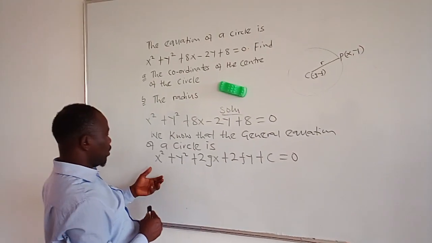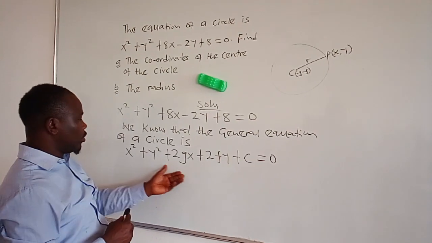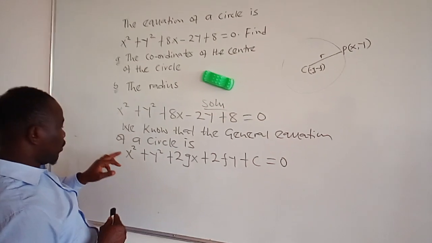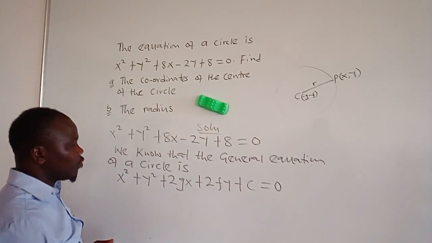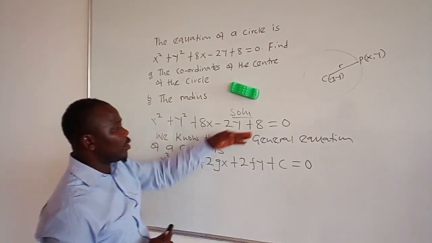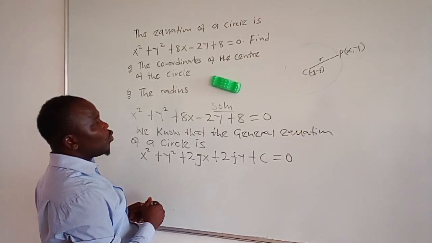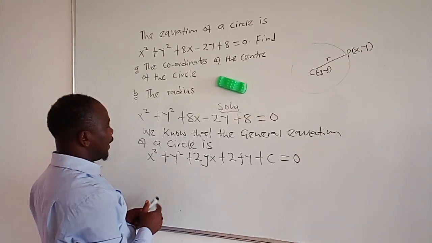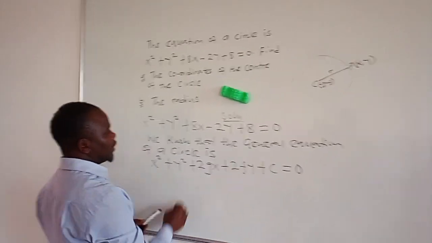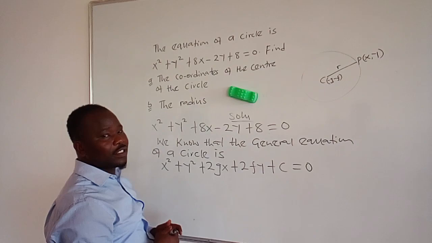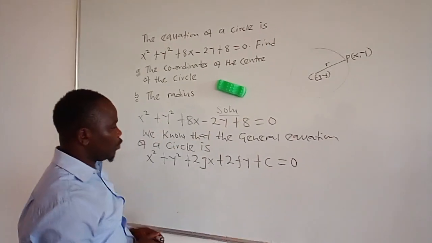And if you look at the general equation of a circle, there is no coefficient of x squared and y squared. It means it is in order. So now, what you need to do here is we are going to equate this and this.